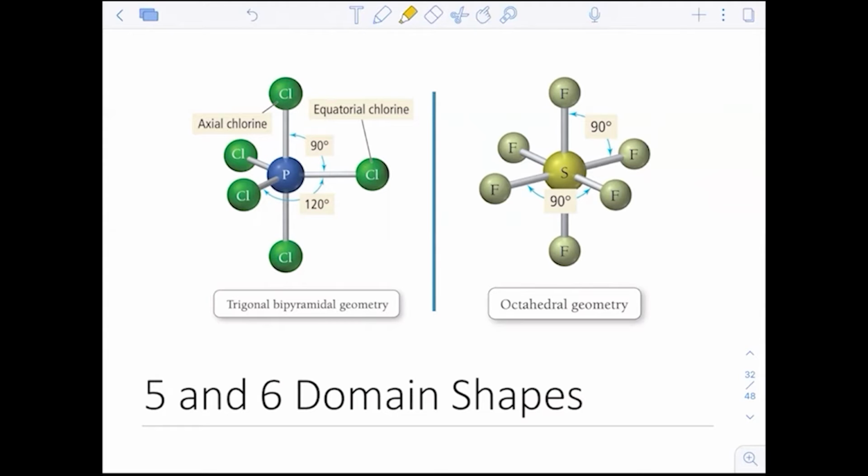What we start to see is equatorial positions, things around the middle, the equator. Same thing over here on the 6 group, versus the axial positions, our flagpoles here, up and down.